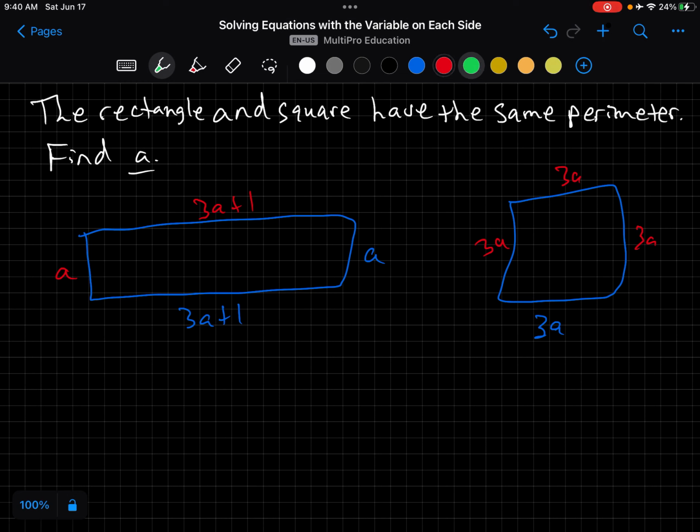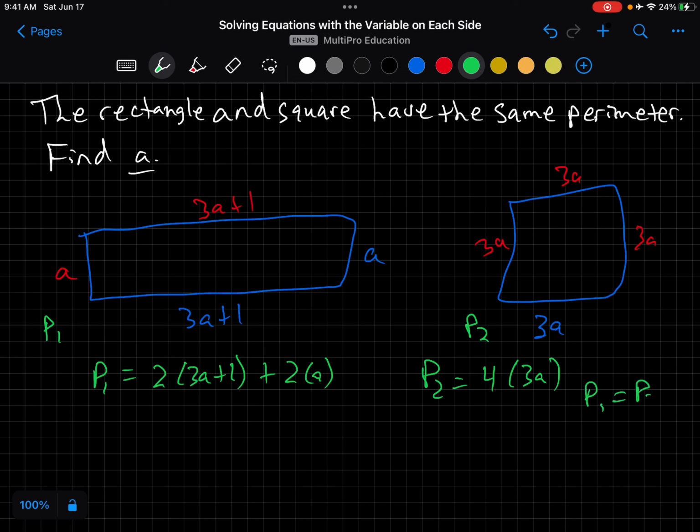So let's try to find out the perimeter of the rectangle, and then we'll try to find out the perimeter of the square. The perimeter of the rectangle is 2 times 3A plus 1, plus 2 times A. And perimeter 2 is 4 times 3A. And we want to set P1 equal to P2.